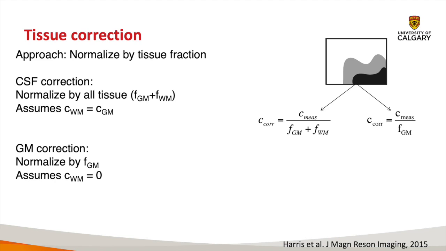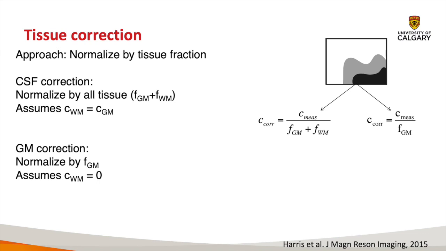So our approach to do this is to somehow normalize by tissue fraction, and there are 2 types of normalization that we're going to start off at least considering. The first is the CSF correction, and this is the most common correction that's used across the spectroscopy literature, not just for GABA. It normalizes our measured metabolite level by the fraction of tissue in the voxel to get a corrected concentration.